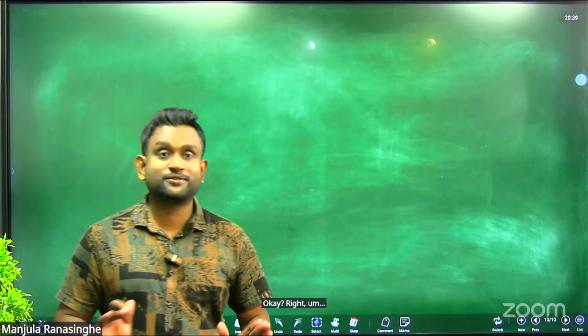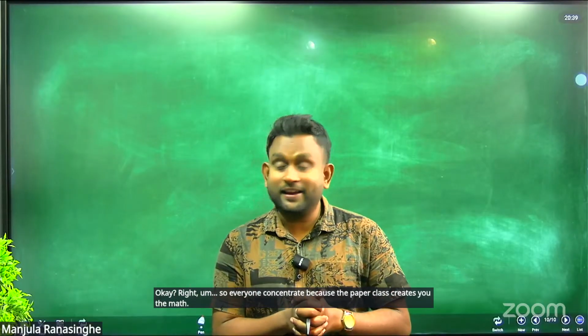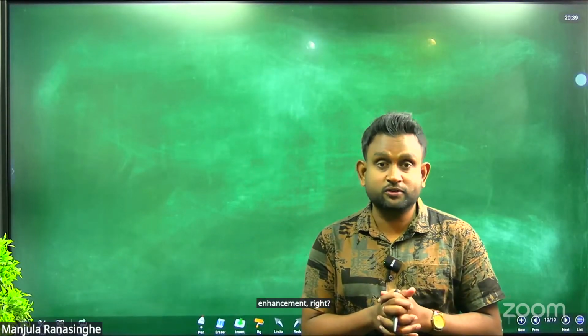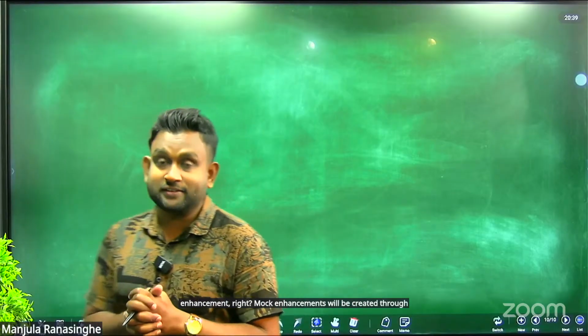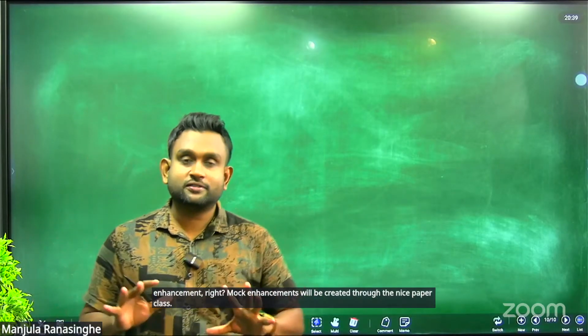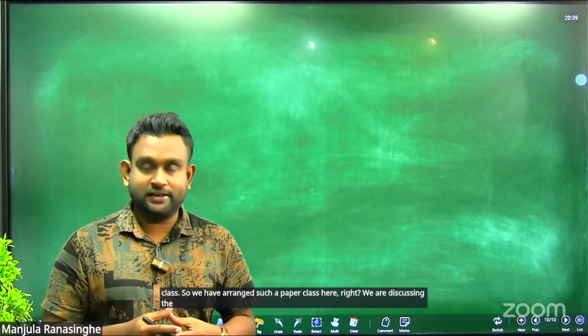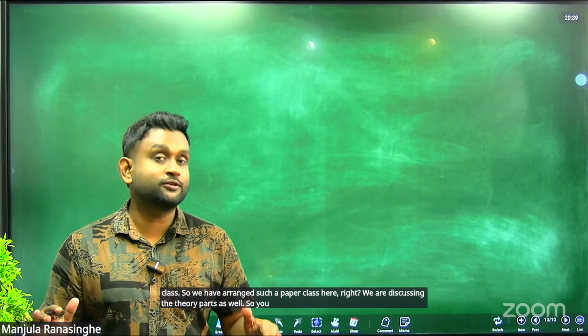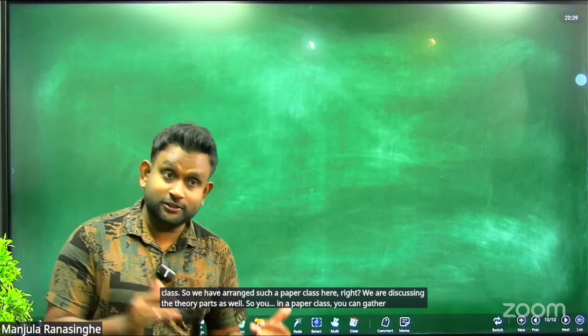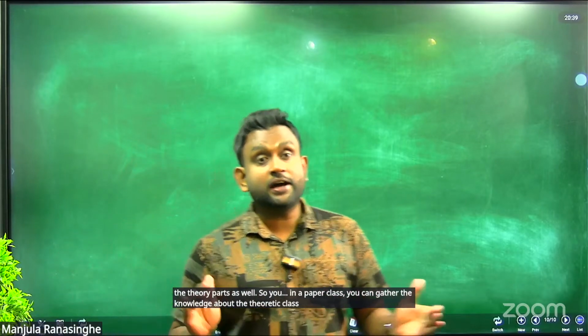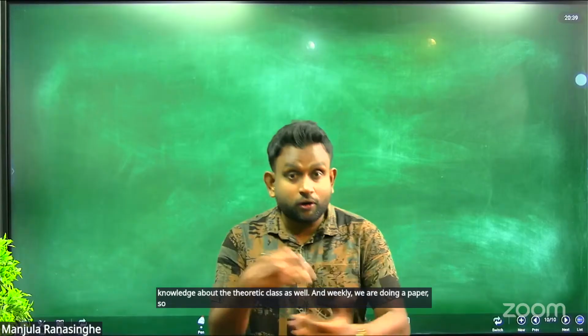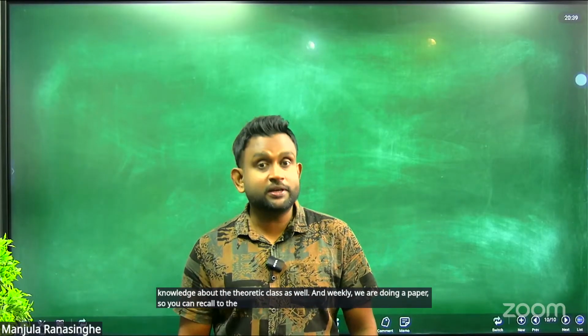Everyone concentrate, because the paper class creates maths enhancement. Mark enhancement will be created through a nice paper class, so we have arranged such a paper class here. We are discussing the theory parts as well, so in a paper class you can gather knowledge about the theory, and weekly we are doing a paper so you can recall the previously completed lessons.